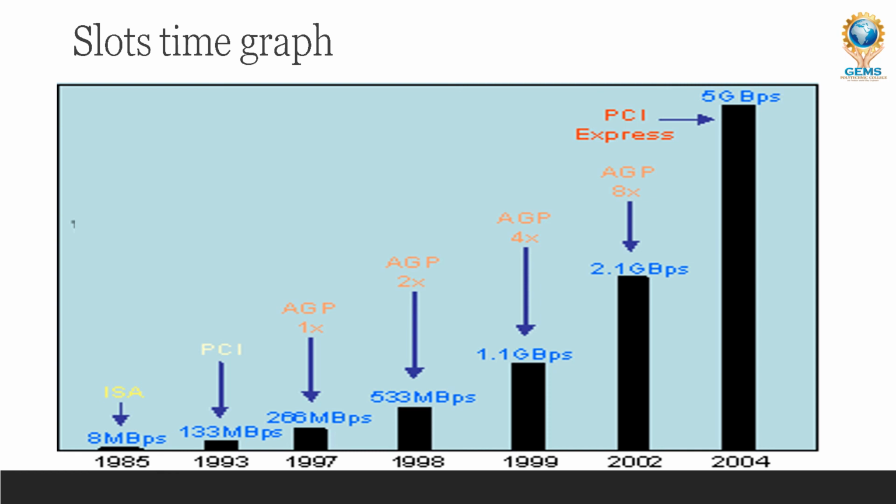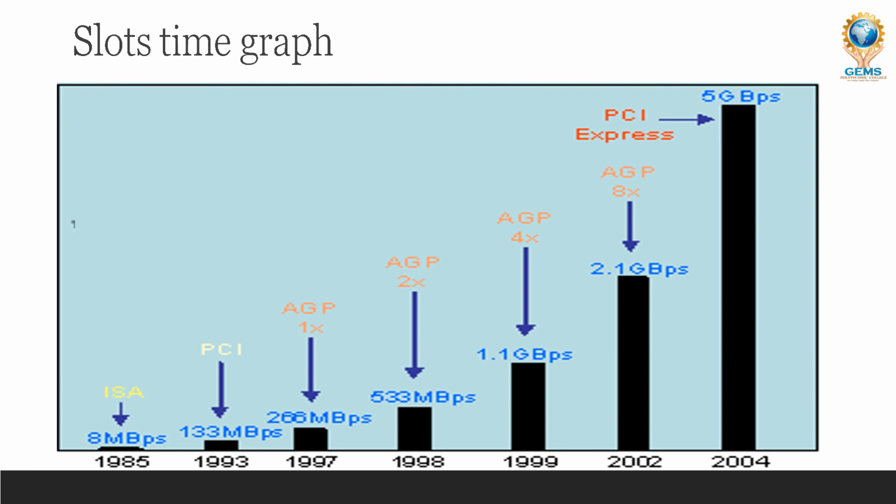That was the first stage of AGP, and then AGP was upgraded to 533 MB per second in 1998, and in 1999 AGP was upgraded to 4x, that is 1.1 GB per second, and then again advanced to 2.1 GB per second in 2002.